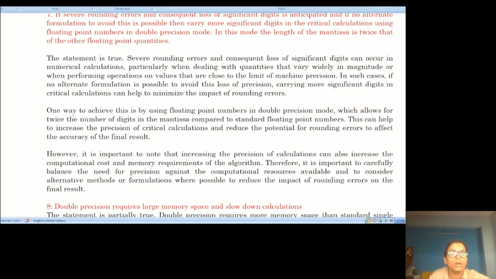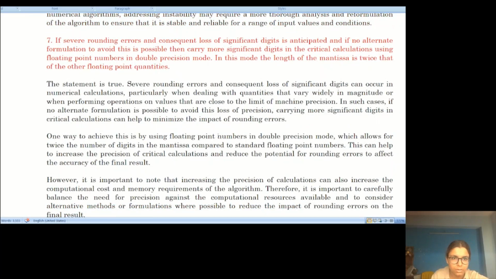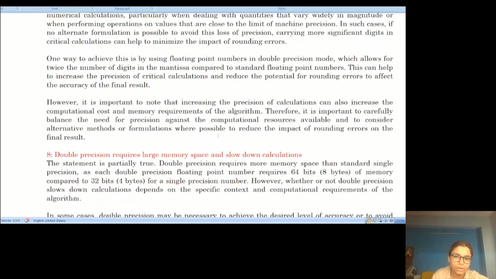However, double precision allows for twice the number of digits in the mantissa compared to the standard floating point number. This can help to increase the precision of the critical calculation and reduce the potential for rounding errors. So the seventh question is actually true.